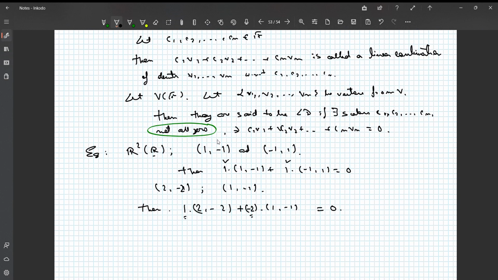Certainly, if some elements are not linearly dependent, then they are linearly independent. So not linearly dependent means linearly independent.